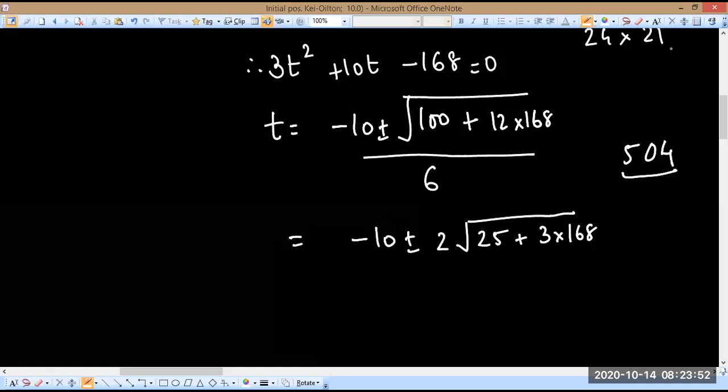I think I've made a mistake somewhere. 28 and 18 are factors. Okay, I took a 4 out. b square minus 4ac, that was correct. 23, yeah. Okay, yes, that's right.